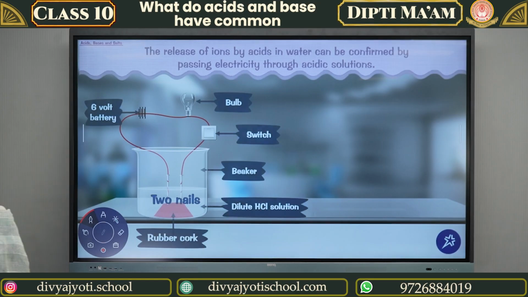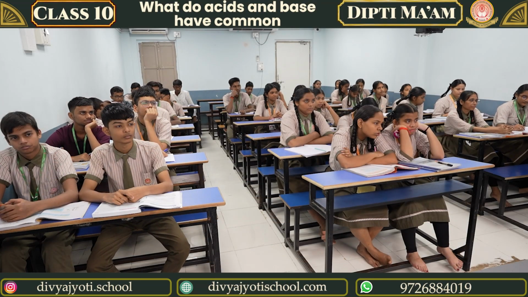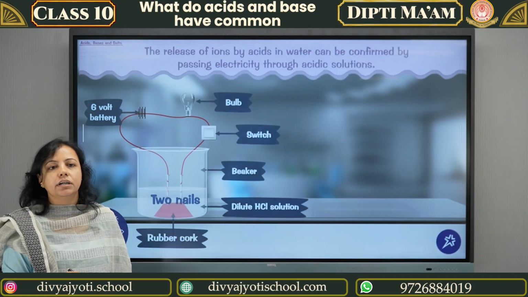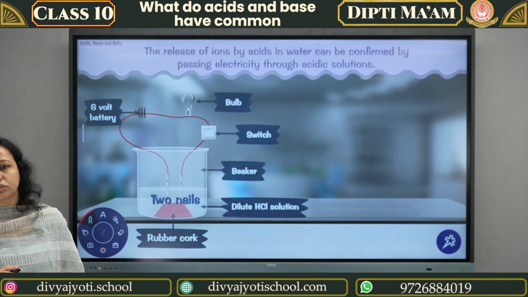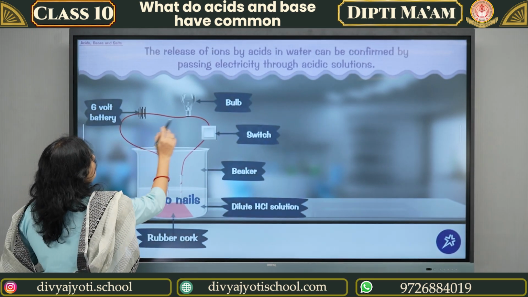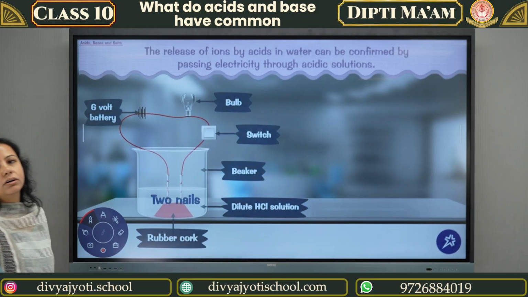In this beaker, you can take different types of solutions, like an acidic solution, a basic solution, an alcoholic solution, and a neutral solution like a glucose solution. We will check whether the bulb glows or not when the electric current passes.